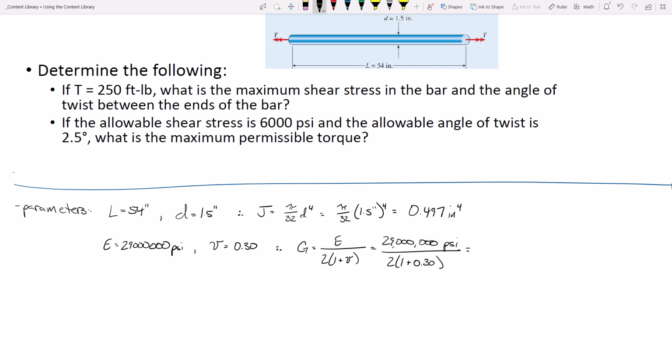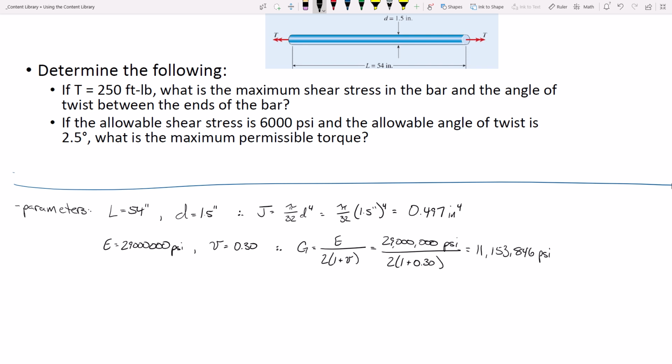We're engineers, so we'll say like the nearest psi, the nearest whole number. We don't need to get crazy with it. Remember, this is just the slope of the curve, so it's a high number, but that's okay. 11,153,846.15. That's it. We'll go with that.